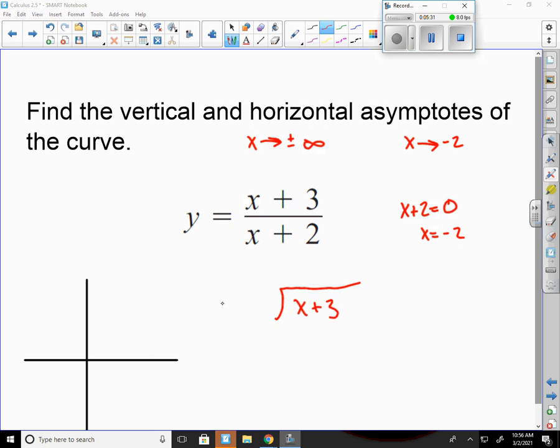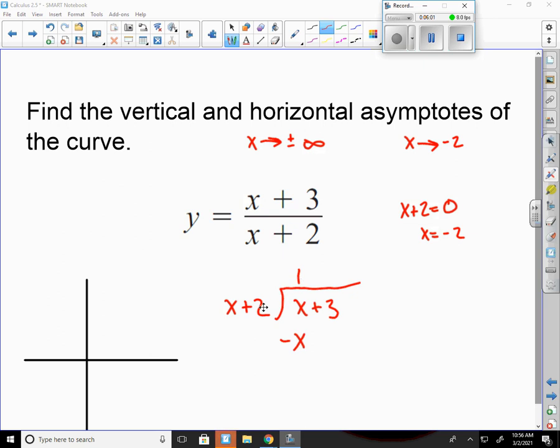x plus 3 divided by x plus 2. So now whenever I actually solve this out, how many times does x go into x? Once. And then flip your sign. x times 1 is 1x, and you're subtracting it, that's why you flip your sign.